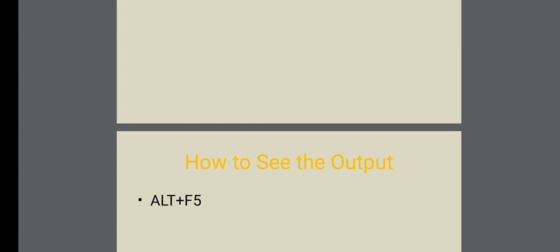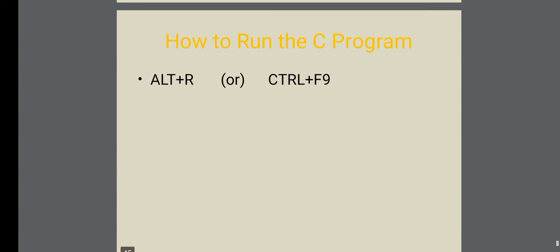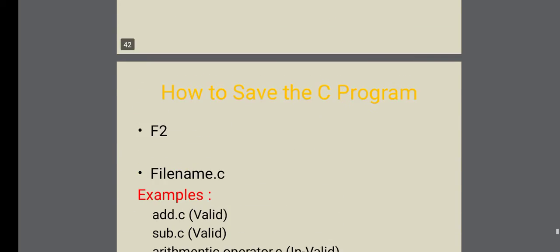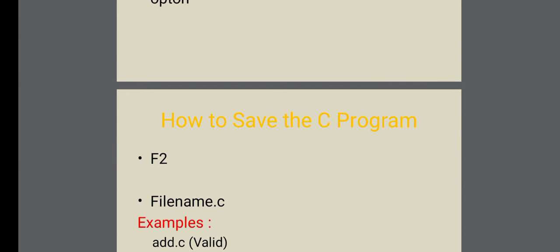And one more important point: during compile time, if any errors are encountered, you have to rectify the errors. After rectification, you have to repeat the process from saving the program.